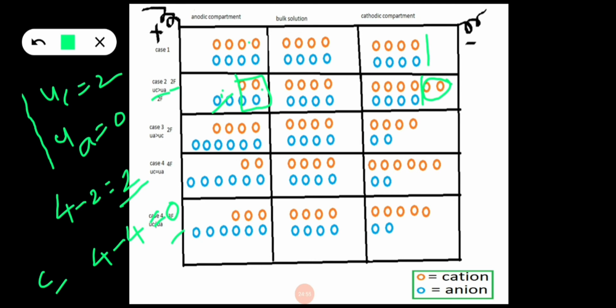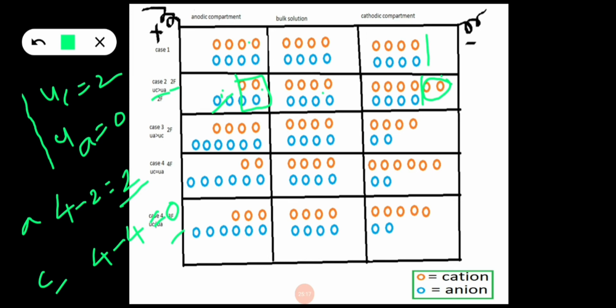If the speed of any ion is more, then the decrease in the concentration of the compartment from which it is going out will be more. So here cations are moving out of the anodic compartment towards the cathodic compartment, and so the decrease in the concentration in the anodic compartment is more.